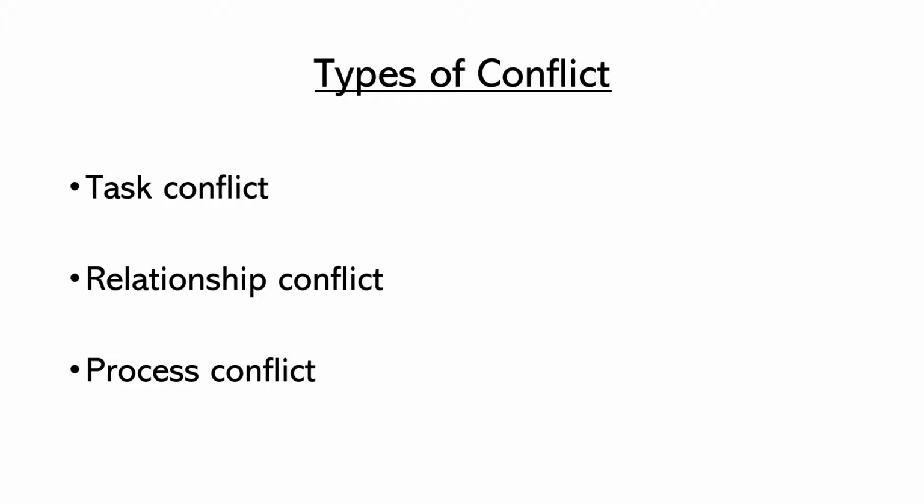Next one, process conflict. Process conflict means the conflict that comes when the work is being executed. Again, I'm coming back to that college example. You are going to enact a drama, and suppose you have selected the famous Romeo and Juliet. Now, you have a goal and you have selected your team members.